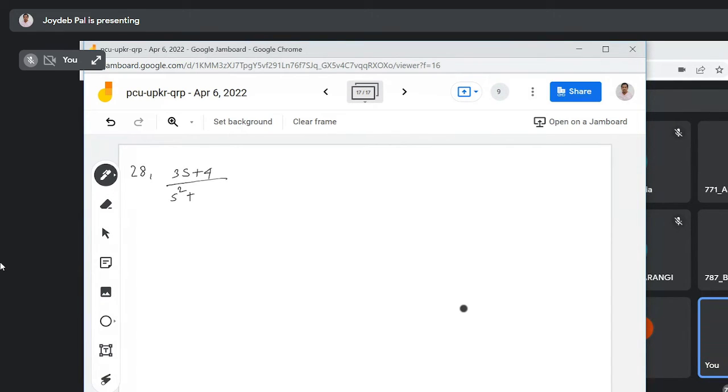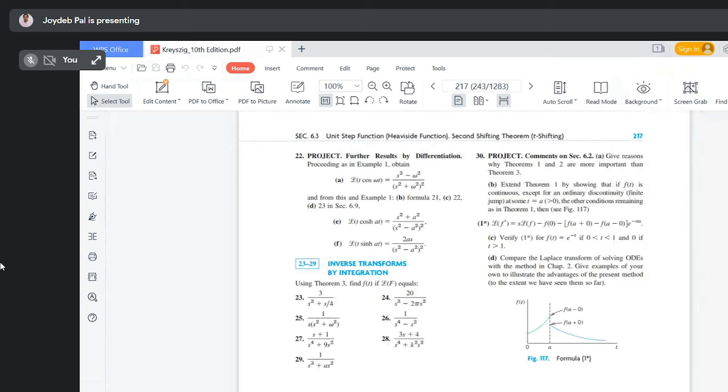Oh, it's s to the power. Yes, we have to find the Laplace inverse of this.